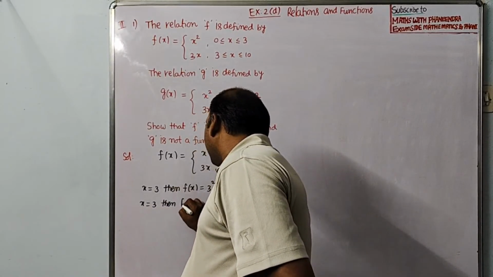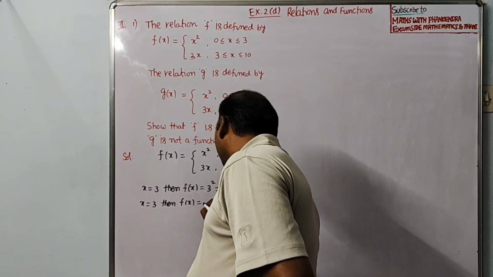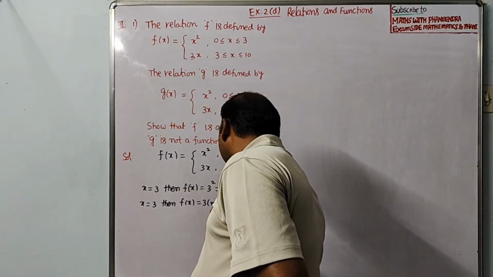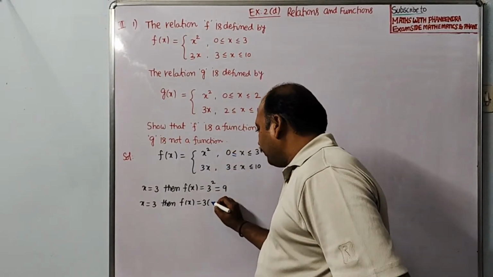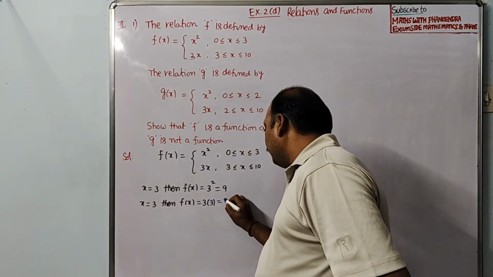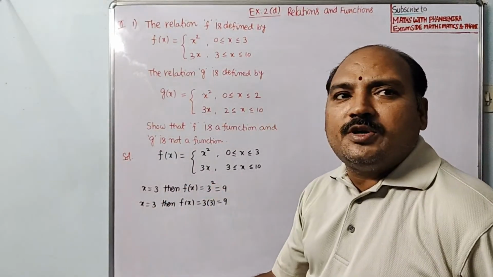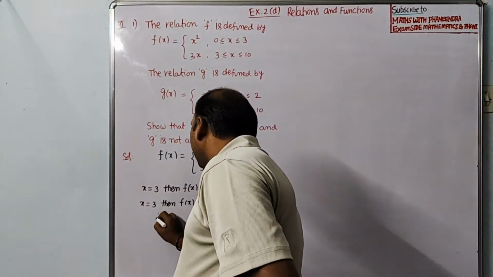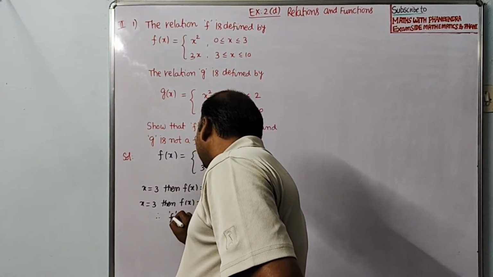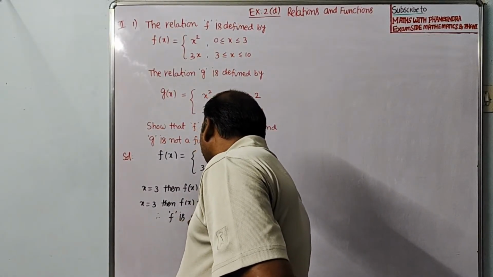Then f of x is equal to 3x, that means 3 into 3, 9. Elements are equal, their images are equal, so it is a function. Therefore, f is a function.